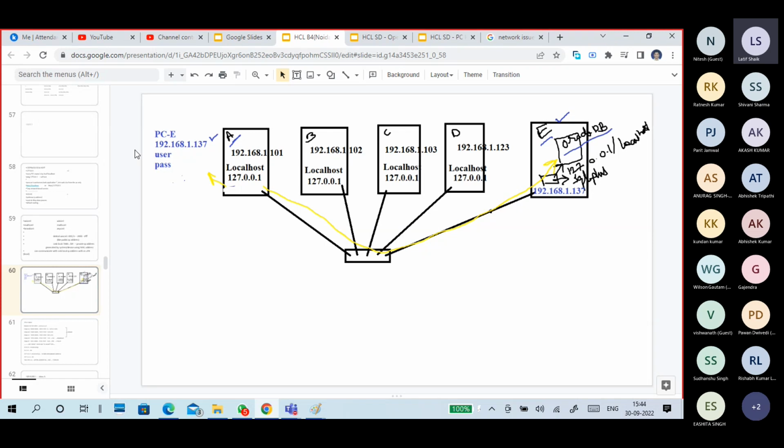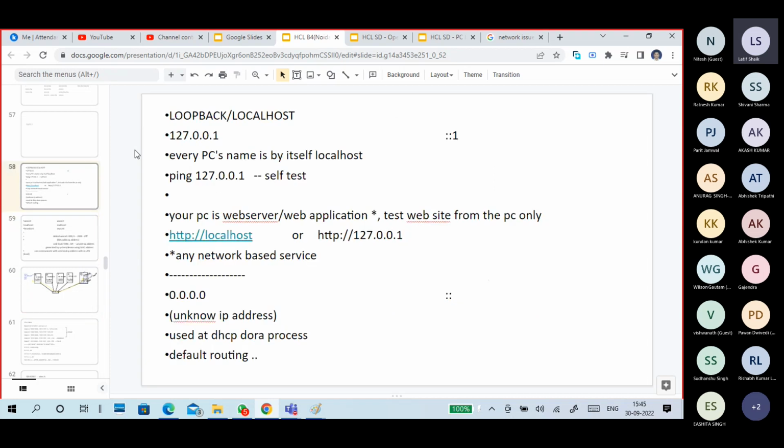So you don't require network resources or an IP address for the PC. You can access the service using the name localhost, or 127.0.0.1. So that is a local host IP address. Every PC has its own local host, and that IP address is 127.0.0.1.